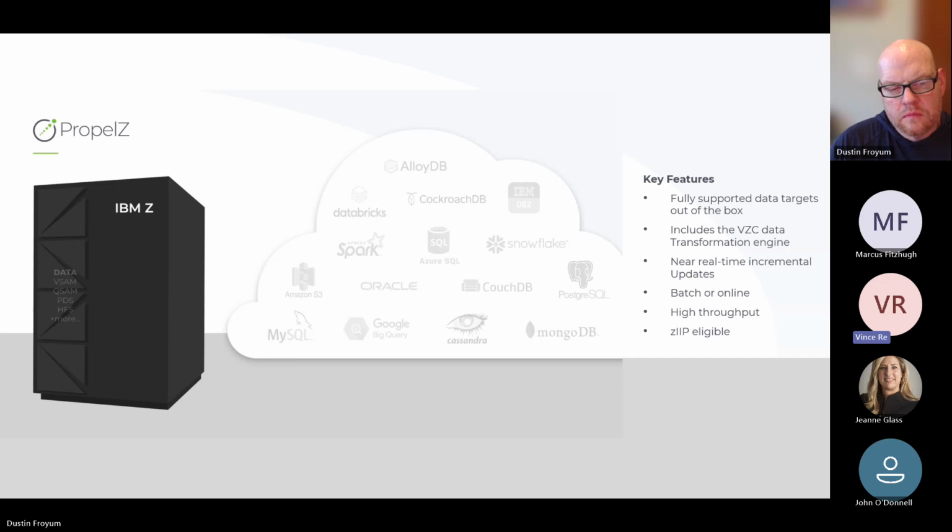It's not like running PropelZ is going to drive up capacity, and now your z/OS software bill gets more expensive. PropelZ gets steered to an available zIIP engine inside your mainframe, and that doesn't, as I call it, spin the software meter.